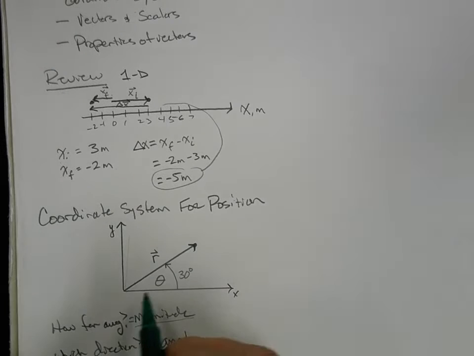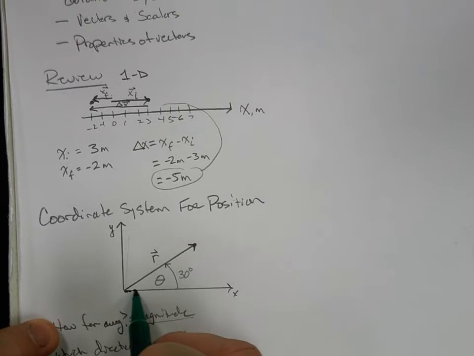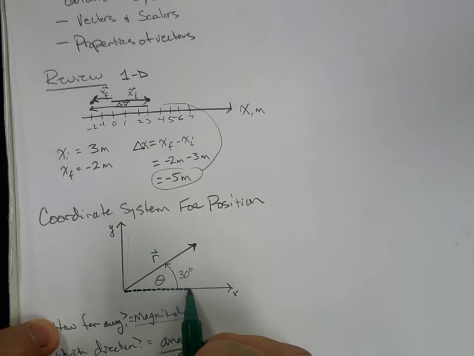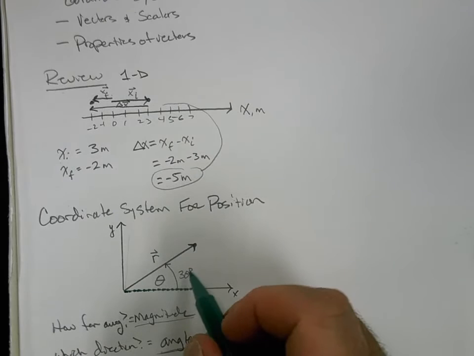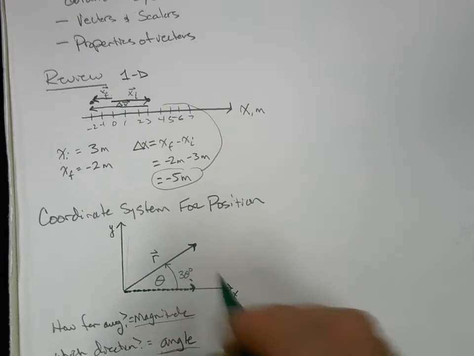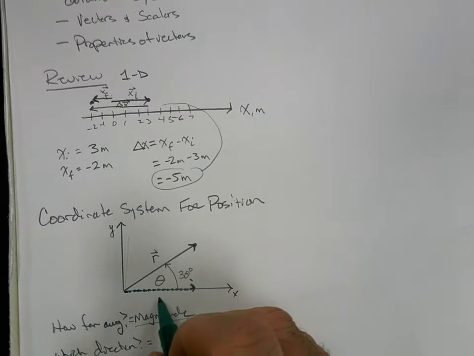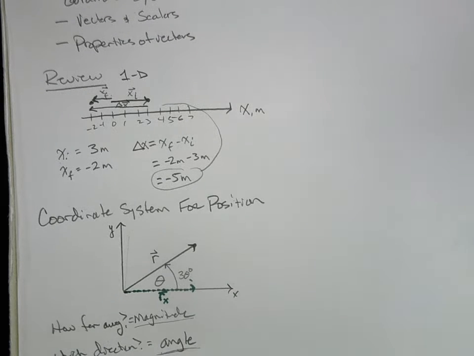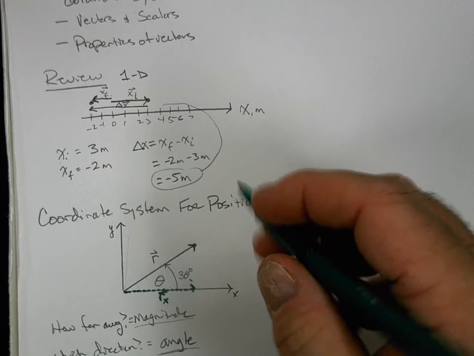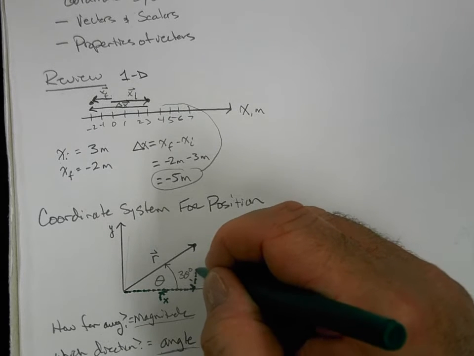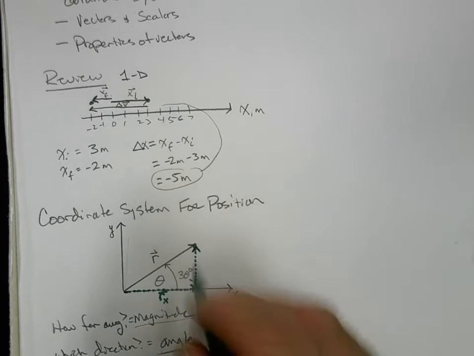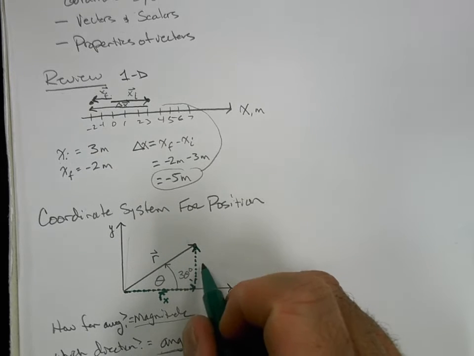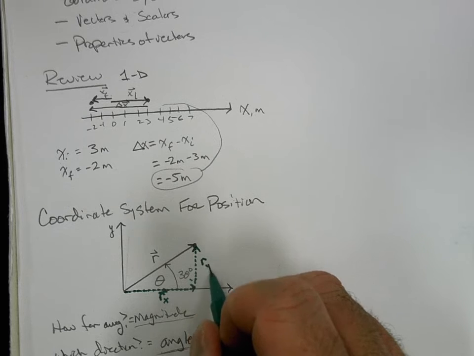It has one component along the x, and we will call this rx, the component of vector r in the x direction, and then we have ry, which is the component of r in the y direction.